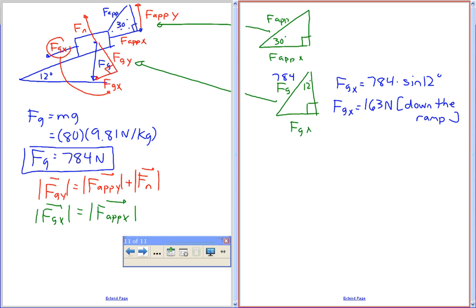Because of that, we said that the magnitude of this is equal but in the opposite direction. So this is going to be 163 newtons up the ramp. So in order for that sled to stay still, you need 163 newtons in a horizontal direction in order to balance out.